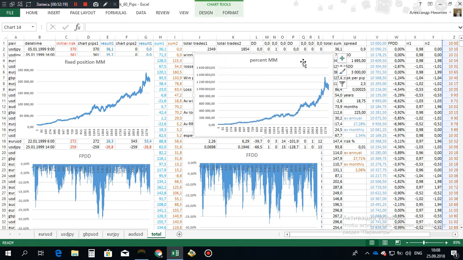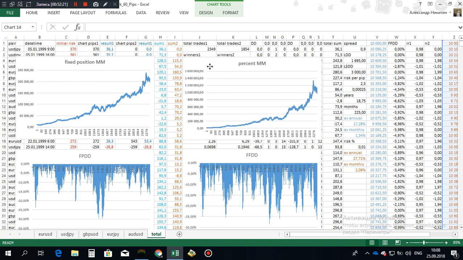Okay, percent money management. This is something you need to think about. In my earlier times, I was advocating for fixed position size, and just think about it.